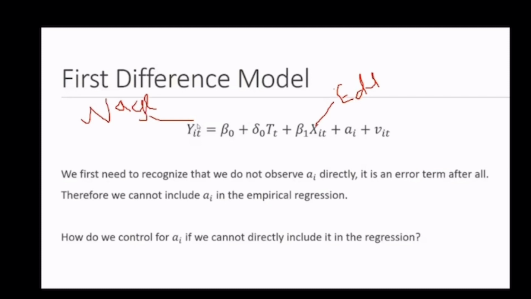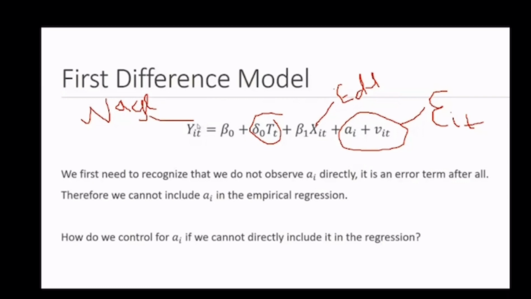This is the time component. And don't forget, this guy, initially it was e_it, that we broke down. The e_it is unobservable, that we broke down into time invariant and time variant, right?